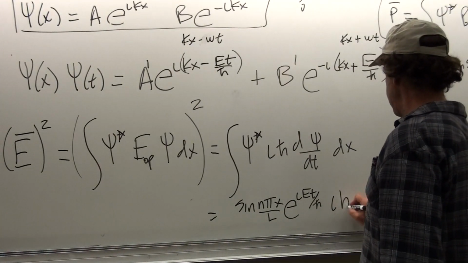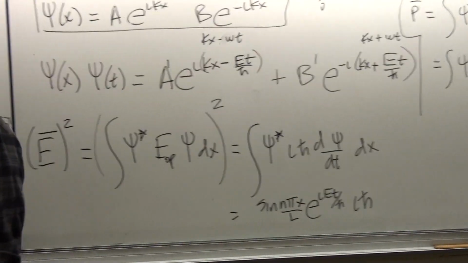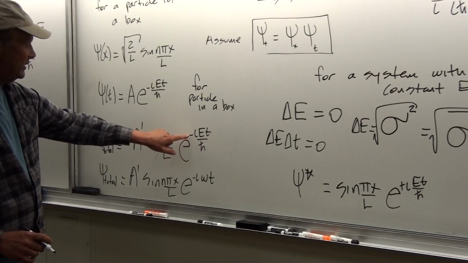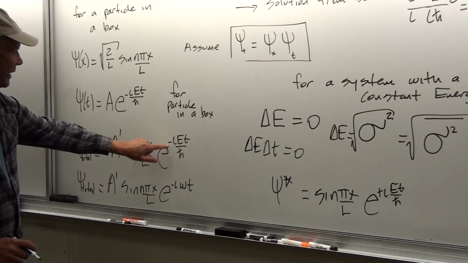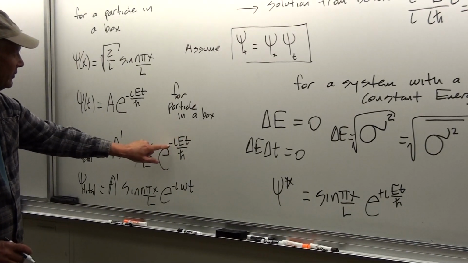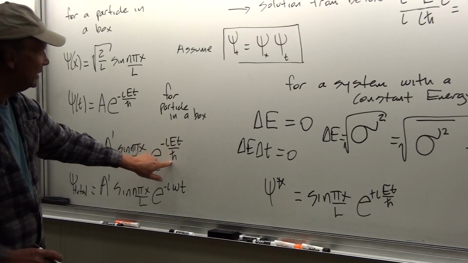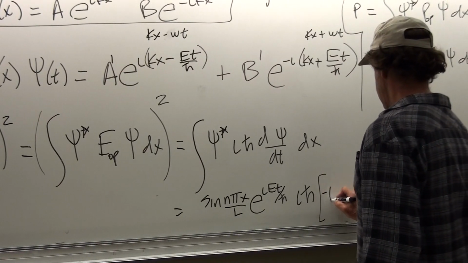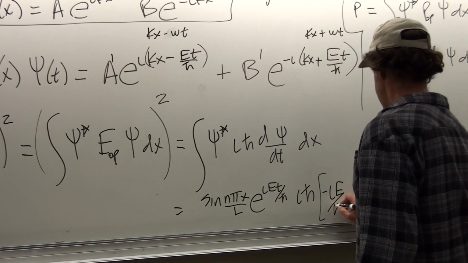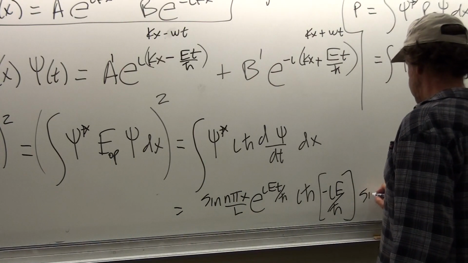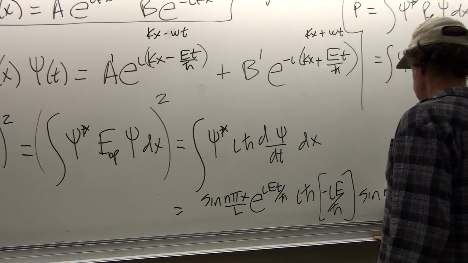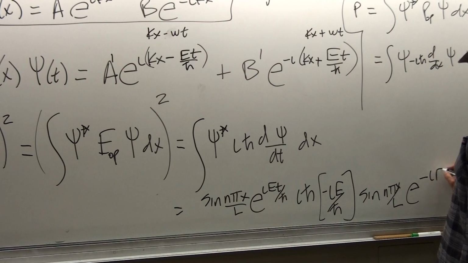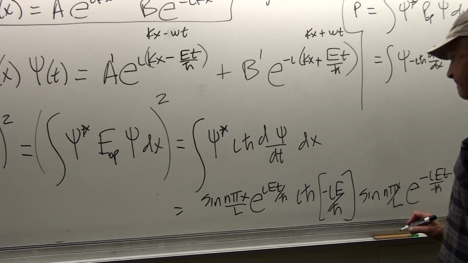Okay, so we have an i h bar, and then when we take the derivative of this psi with respect to t, what we end up getting is all of this back again times the derivative of the inner function, which is going to be minus i E over h bar. And then that's going to be times the sine of n pi x over L times e to the minus i E t over h bar.